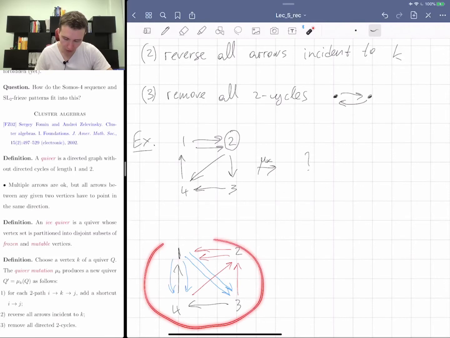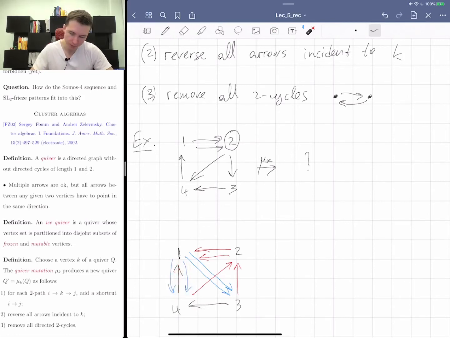This quiver is almost all right, except that I have this 2-cycle. Or I also have these 2 arrows that also form a 2-cycle. So I'm going to have to cancel one of these 2-cycles. What happens at step 3 is, let me copy the same quiver.